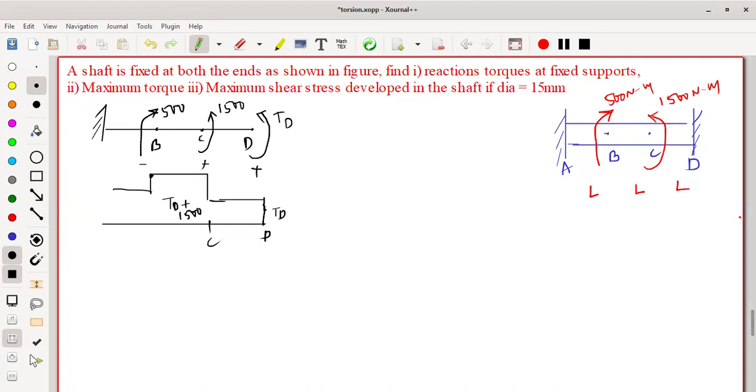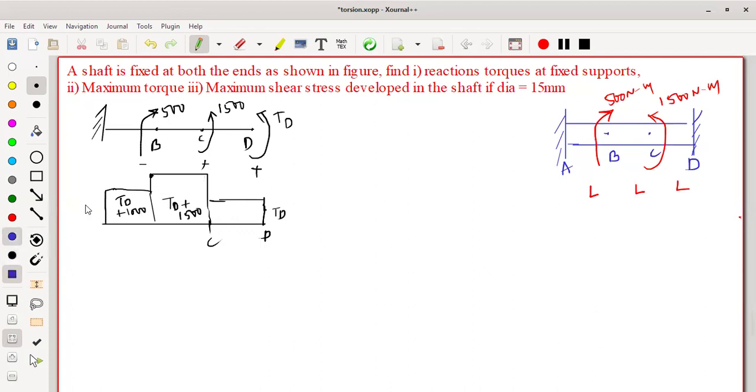The value here is TD plus 1000, because it is TD plus 1500 minus 500, which is TD plus 1000. So this is the twisting moment diagram.